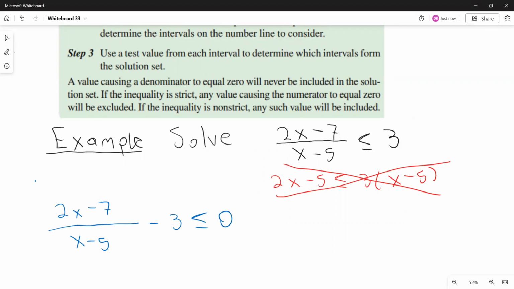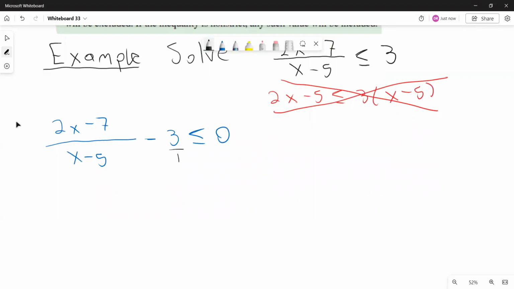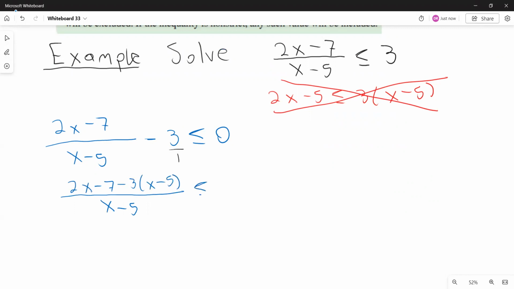And we're going to write everything with the same numerator and denominator. The numerator of 3 is 1, and the least common denominator is going to be x minus 5. So this is the LCD, or the least common denominator, and we have 2x minus 7 minus 3 times x minus 5 less than or equal to 0.